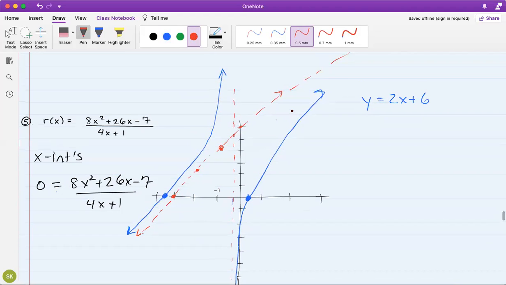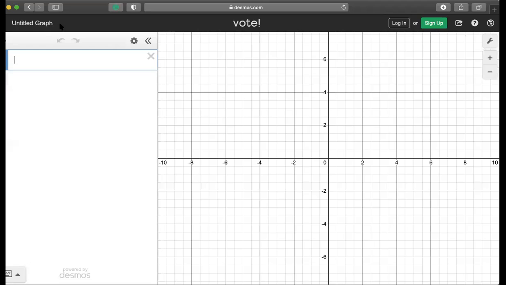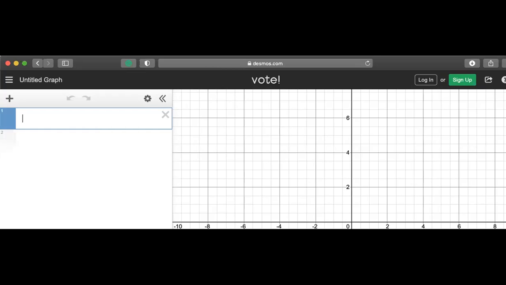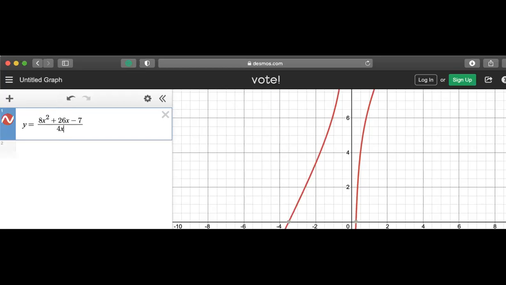Okay, let's compare that with a graph. So I'm going to pull up my graphing calculator. So let me share that with you. And we have, copy this function, y is equal to, on the top, 8x squared plus 26x minus 7, and on the bottom, 4x plus 1.